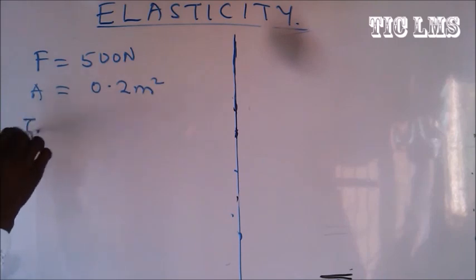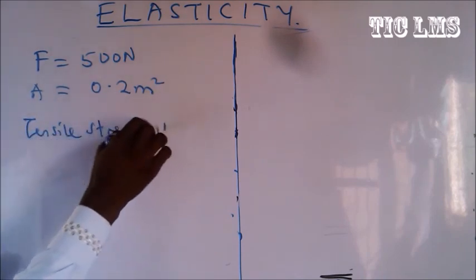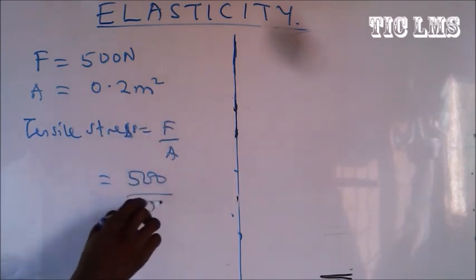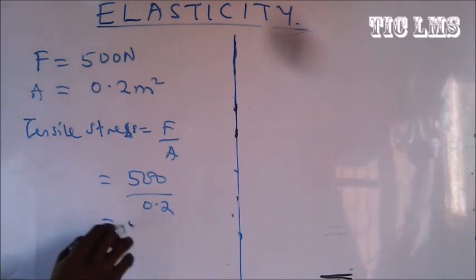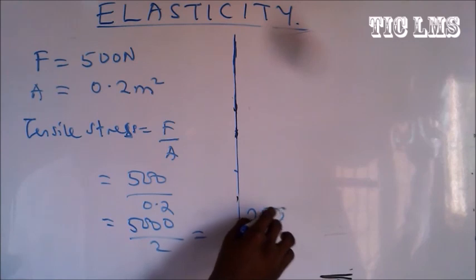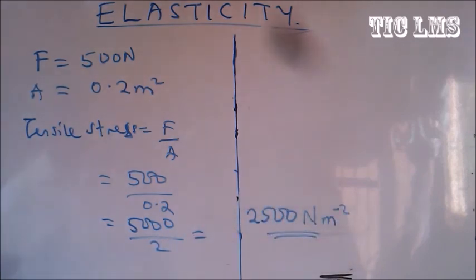We have to find the tensile stress, and we have that tensile stress equal to force over area. Here our force is 500 and 0.2 is the area, so that is 5,000 of it, and that produces 2,500 Newton per meter squared as the tensile stress.